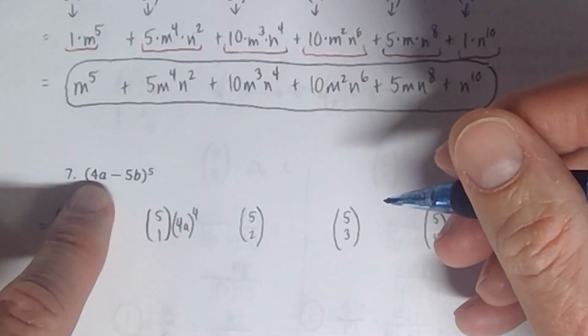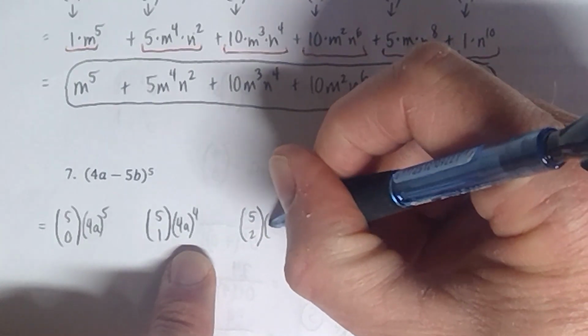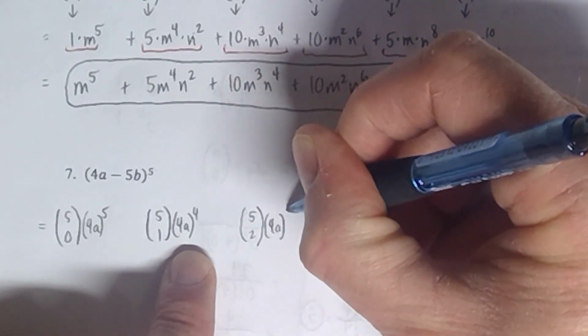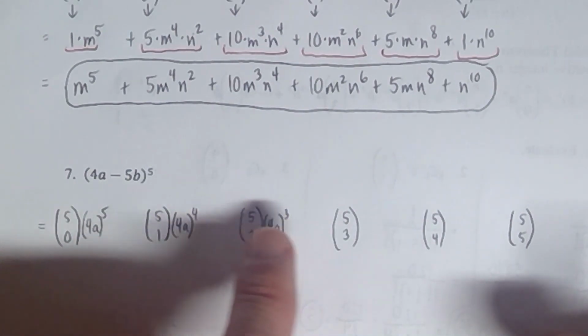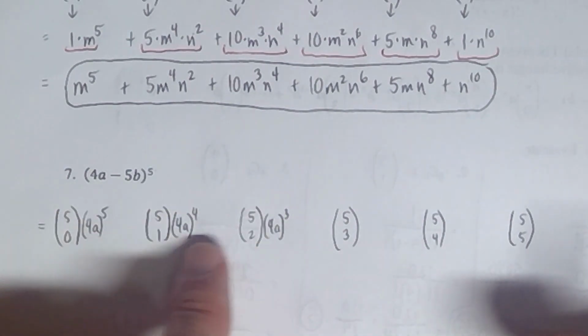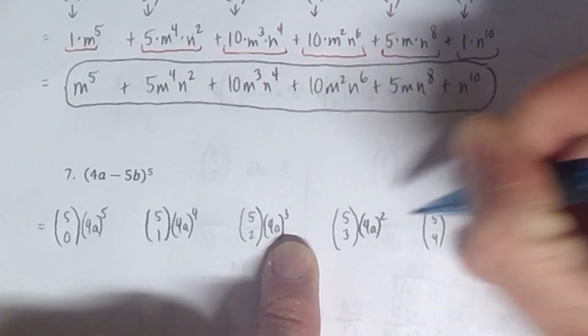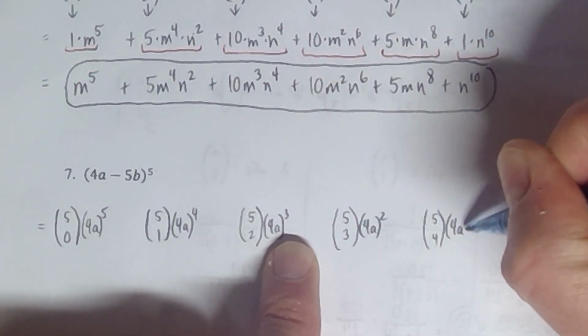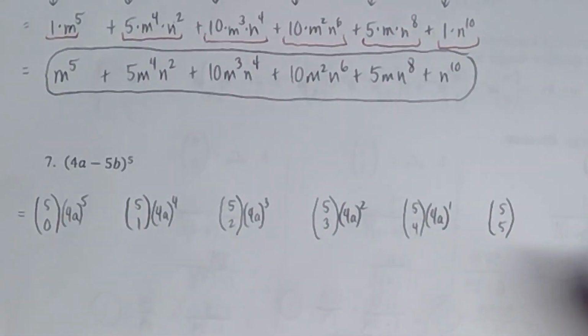Okay, so keep the entire term intact here. 4a, 4a, 4a again. Keep on bringing that down. Okay, but you just change the exponent by decreasing it each time. 5, 4, 3. So the next one's going to be 4a to the 2nd, 4a to the 1st, and then no 4a at all in the last part.